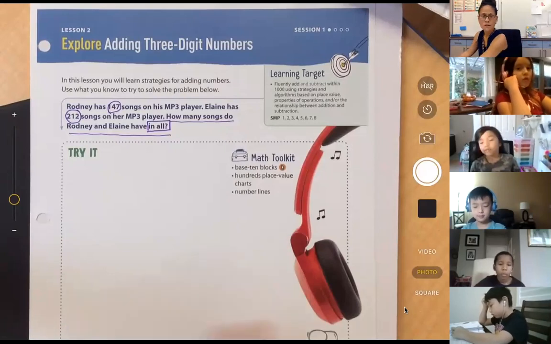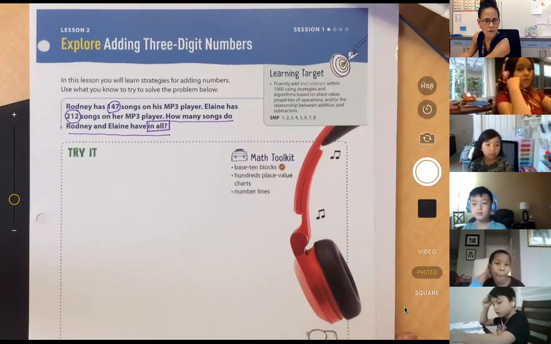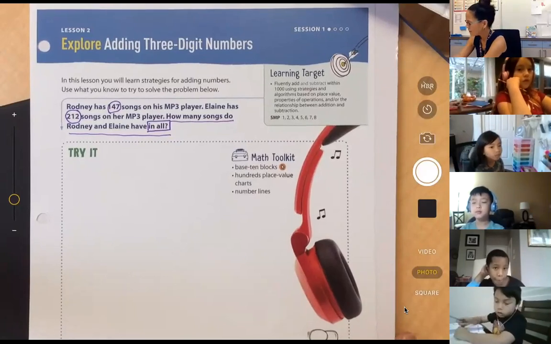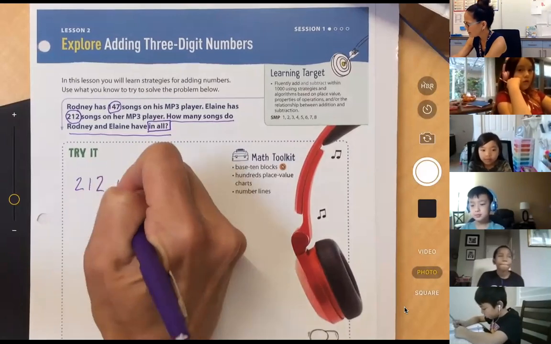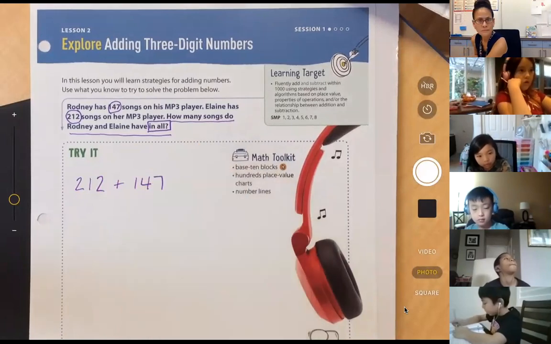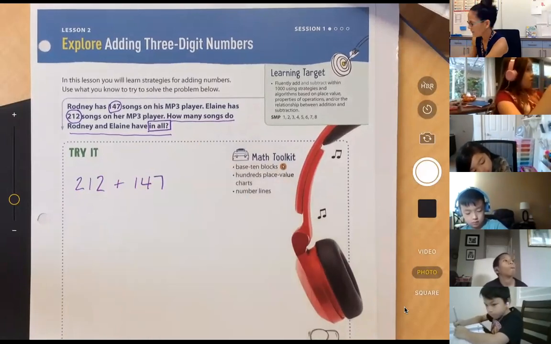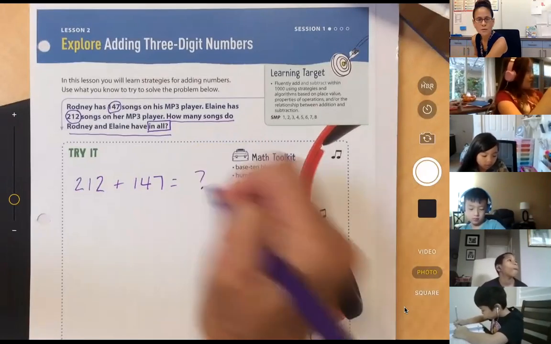So if the question is asking us how many songs there are in all, I do know that 212 must be added to 147. And that's going to equal something.